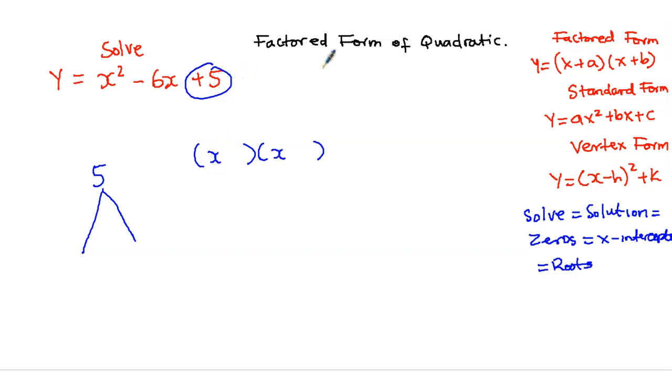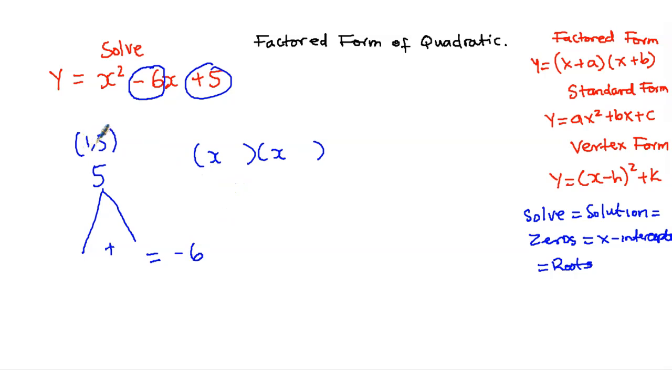So what are two numbers you multiply to get 5? It's just 1 and 5. But in such a way that when we add them, we gotta get negative 6. So how can we make that possible?